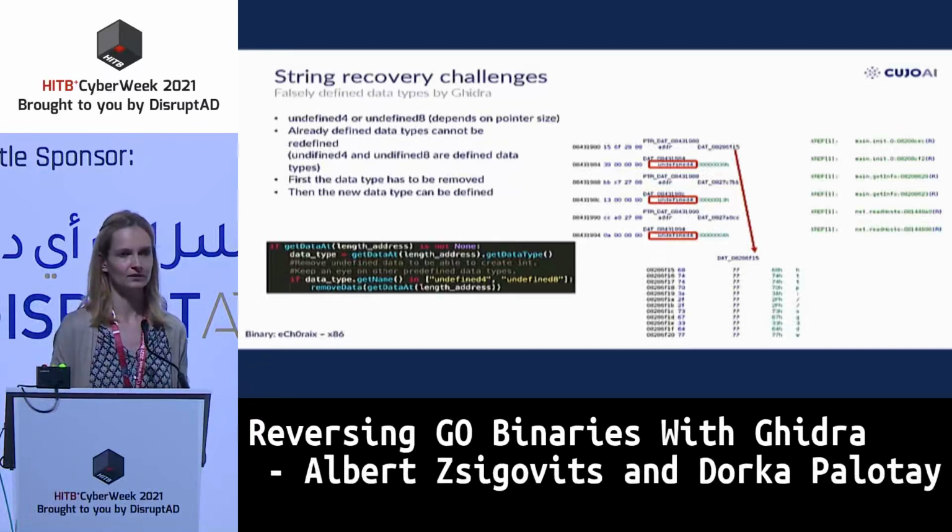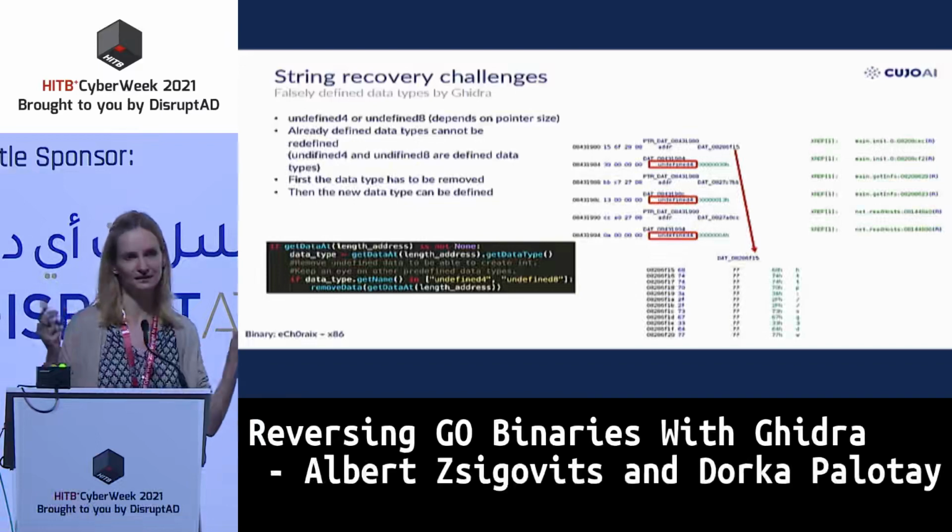The first one is when there are some already defined data types where we want to define, for example, an integer. What Ghidra usually does is use these so-called undefined data types, but it still means that something is already created.